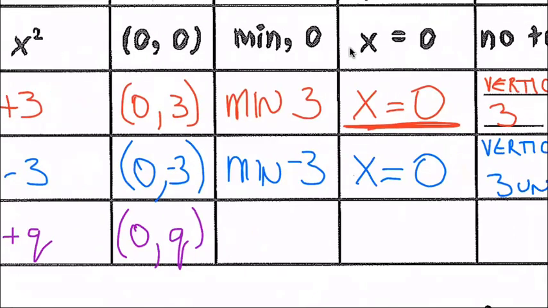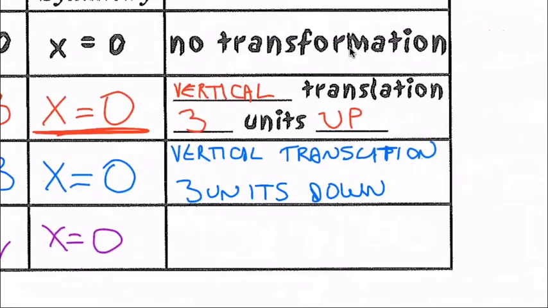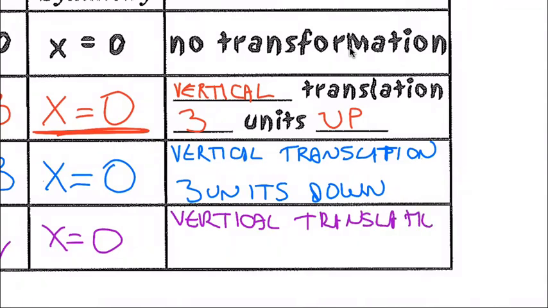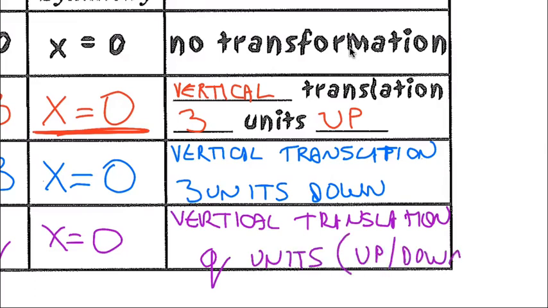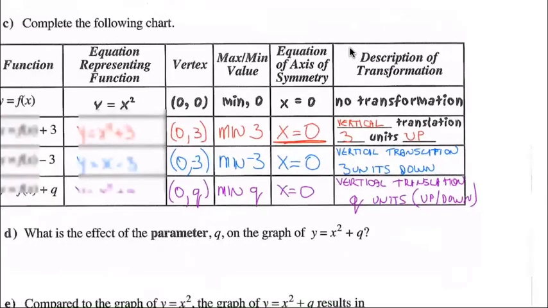We have a minimum value of q, and axis of symmetry x equal to 0. We're going to have a vertical translation of q units. We don't know if it goes up or down, though, because we don't know whether or not q is positive or negative.